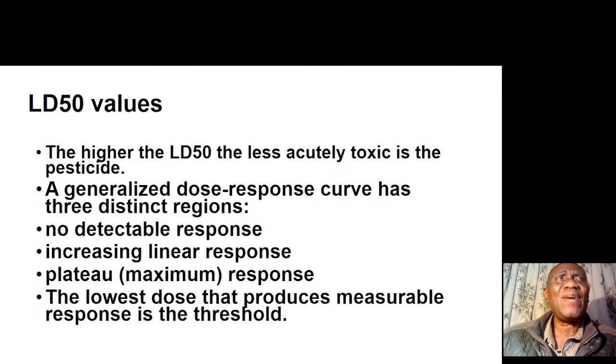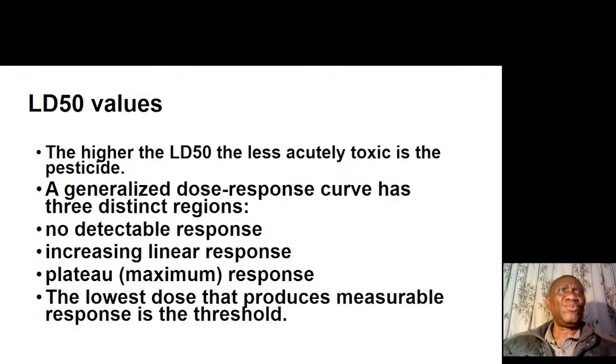So this is a generalized dose response curve which has got 3 distinct areas. The first area where you have 0, no detectable response, and you have an increasing linear response where we get our 50% killing, giving our LD50.